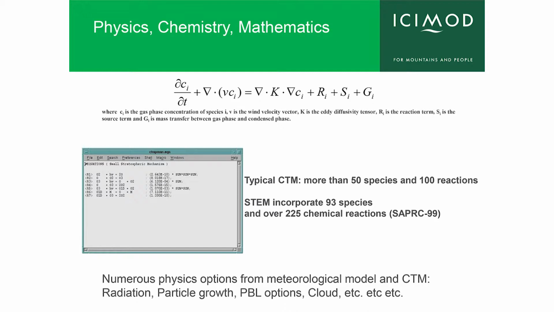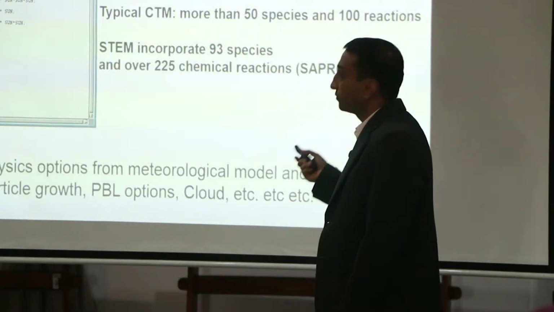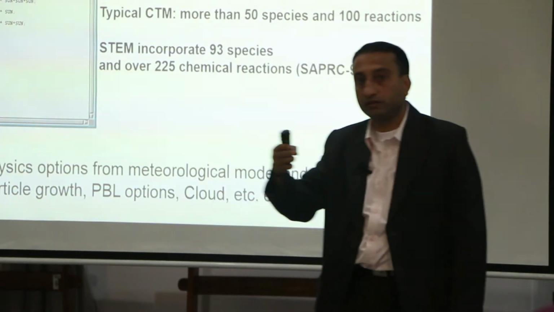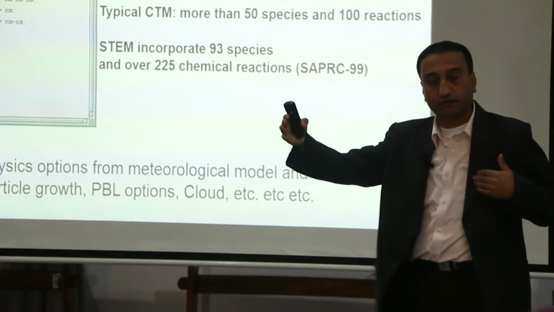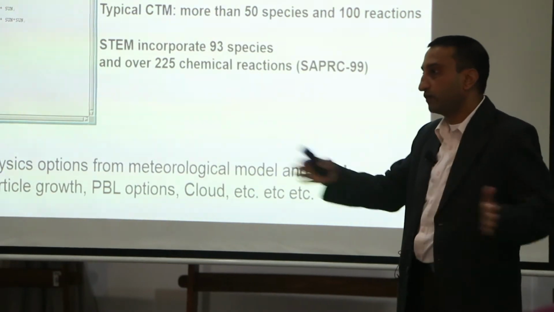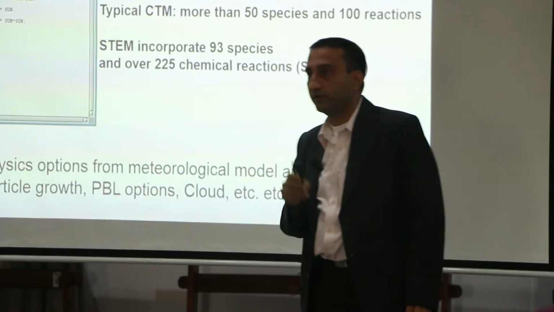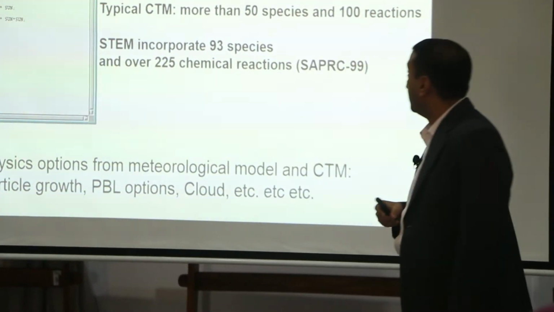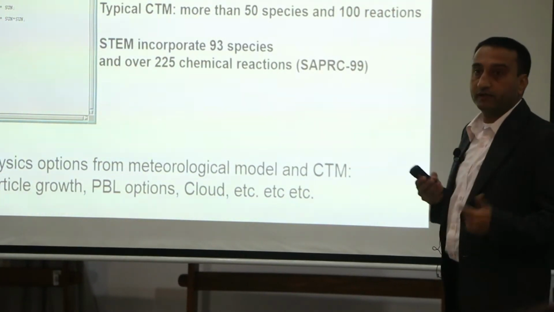So if you have the MET model that I just ran here at ICIMOD, this is 400 by 400 times 40. So you would be solving this equation 400 times 400 times 40 for every time step. So if you're running a 3 or 4 day forecast, or you're running 1 year, times that many time steps at a resolution of, say, 15 minutes, you're calculating all that. So this is why you need high power.